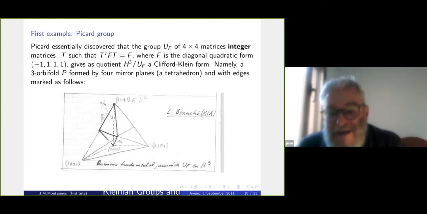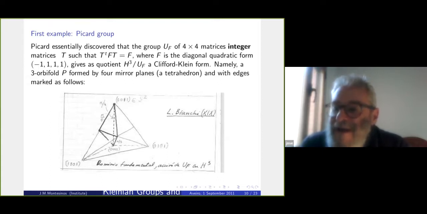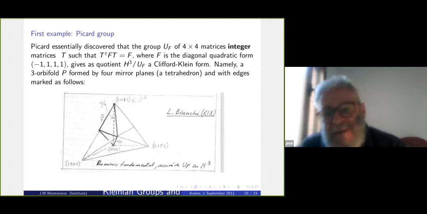So the radiation coming from this point has the spherical geometry. And a little sphere around that point cuts the orbifold in a spherical triangle, the spherical triangle pi/3, pi/2, pi/4. And similarly, if you look at the other vertexes, you will see that all of them are also spherical.